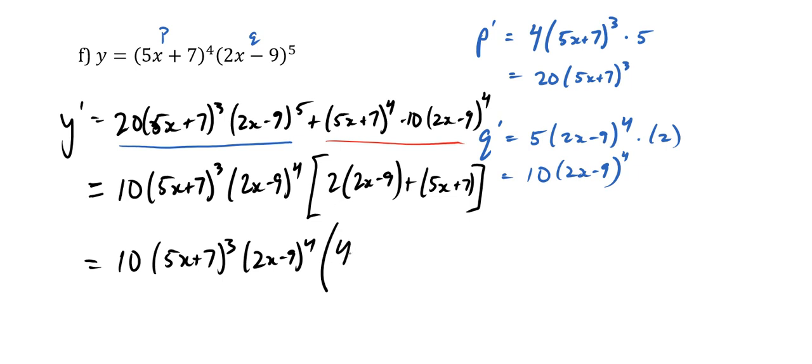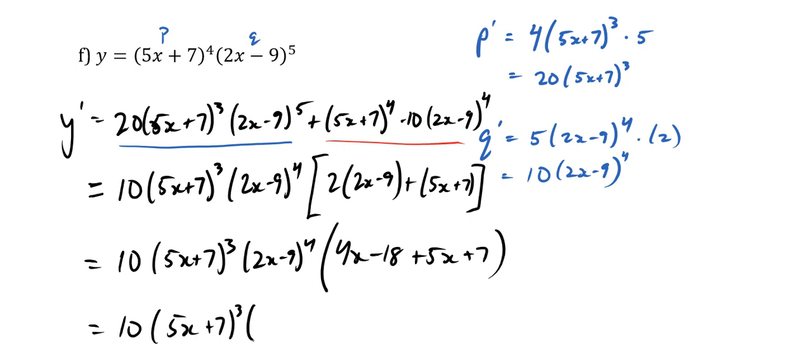So that's 4x minus 18 plus 5x plus 7, which is 9x minus 11. We're going to spend a lot of days just practicing how to fully simplify these things and start doing some more interesting things with them eventually.